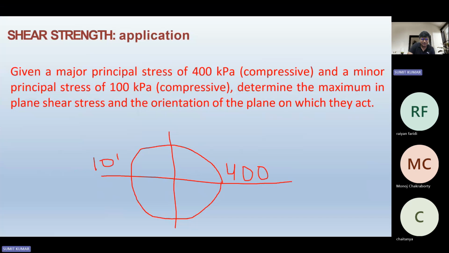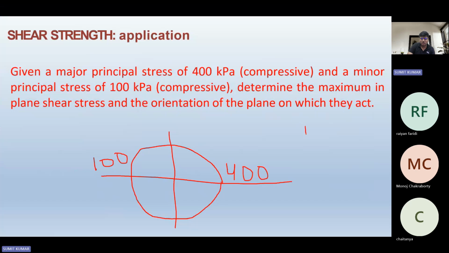Okay, and it is saying to determine the maximum in-plane shear stress. So you remember that I have already said the radius of the Mohr circle is the value of the shear stress which can develop. So over here, if we need to calculate the radius, what do we do?